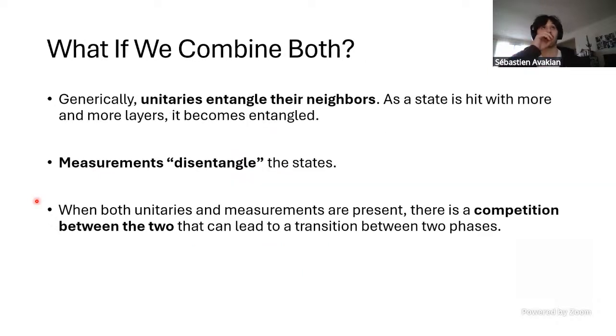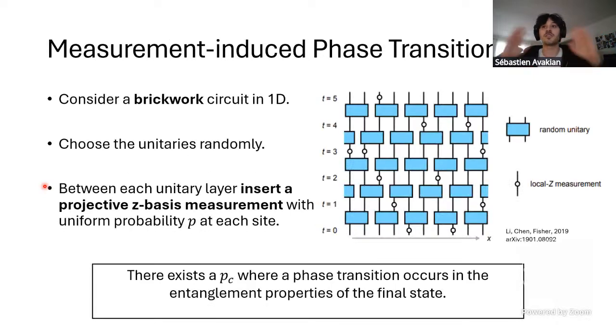So if we combine both of them, we have a competition between unitaries that entangle and measurements that disentangle. Depending on how you want to mix these, you can actually get a competition between the two that can lead to a phase transition. And so here's the setup of the problem. Here we will have a brickwork quantum circuit.